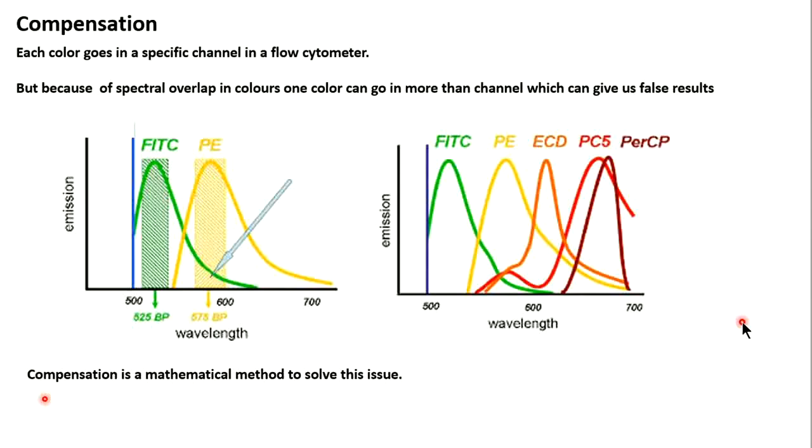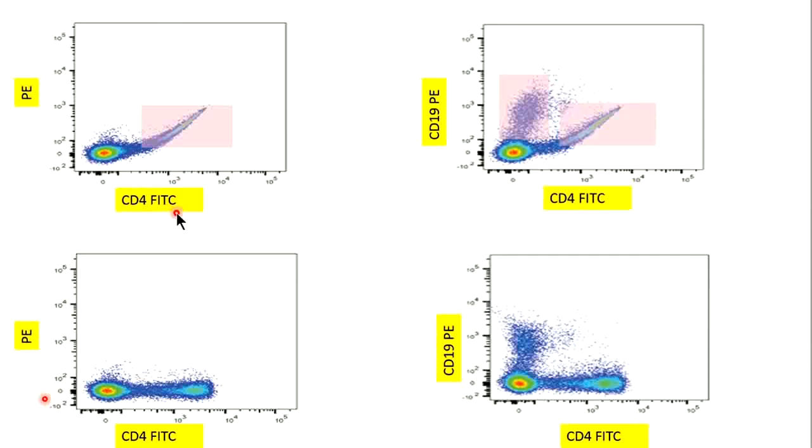I'm not going into the details of compensation, but I just wanted to tell you this is the problem, and here you require some mathematical knowledge, some voltage knowledge to solve the problem of compensation. But I can show you one example. So here we have utilized 2 antibodies in our experiment.